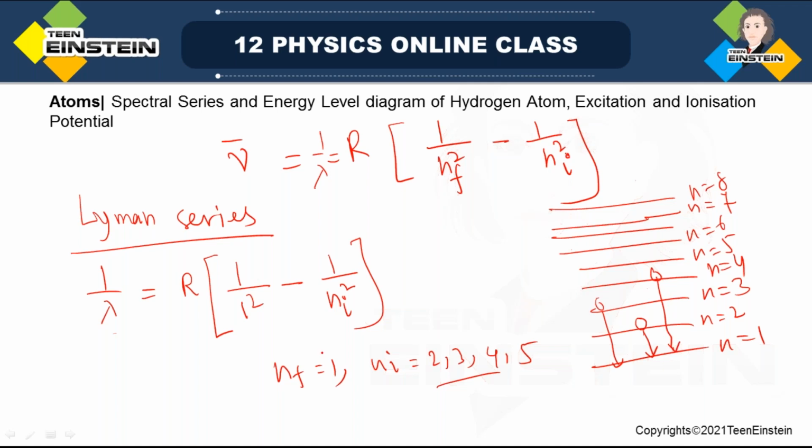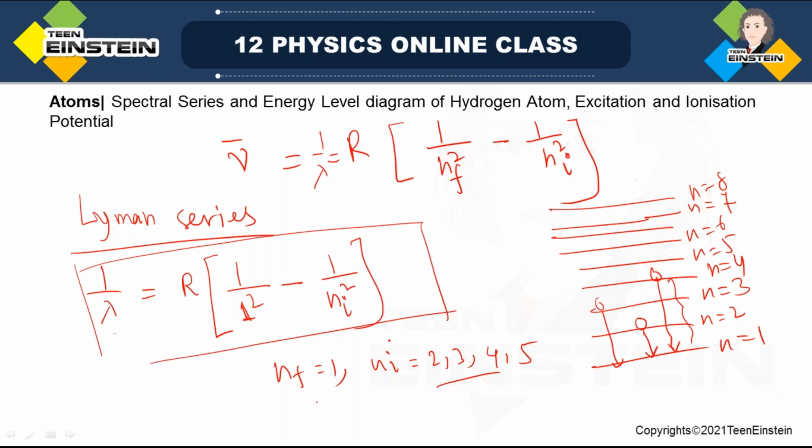So the final state is the same for all the lines, only the initial state changes. That's why the energy also will be changing. This one has a greater difference in energy. So depending on the initial value from where the electron is de-exciting to the ground state n is equal to 1, you will get various wavelengths.